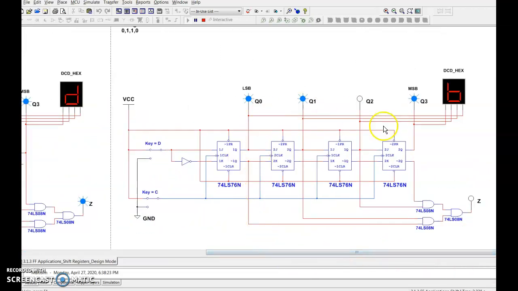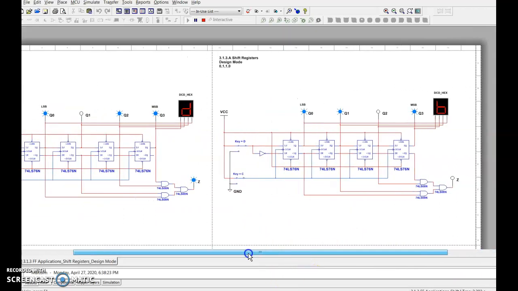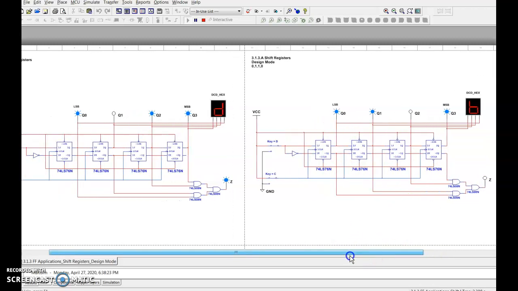All right, so this is what it would look like. So notice what is the main difference here. The main difference is the following. So this is what I want you to do, is just pretty much compare where these inputs are coming from.